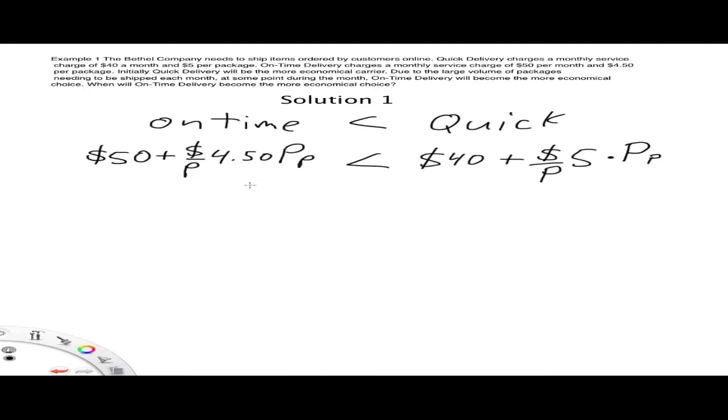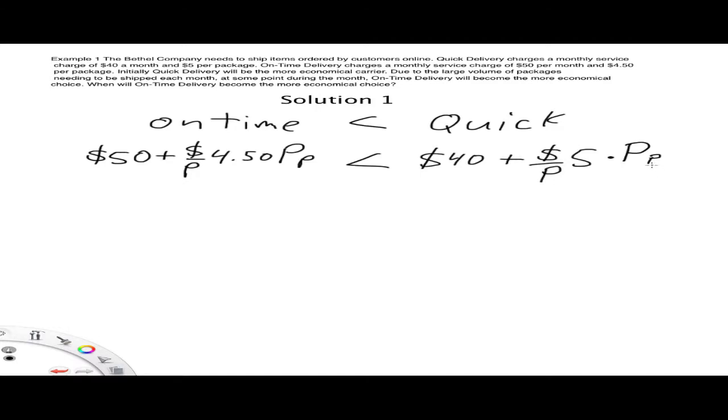The reason I'm putting the units in here is because I want to see that when I do my multiplication, I'm going to work out to dollars, and p over p just becomes 1. It cancels out. The units of my variable is this little p, packages.